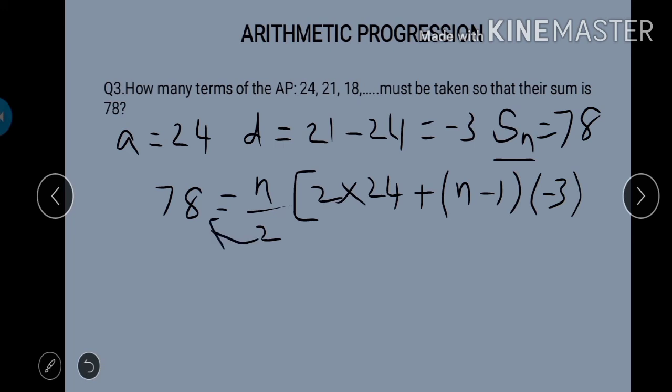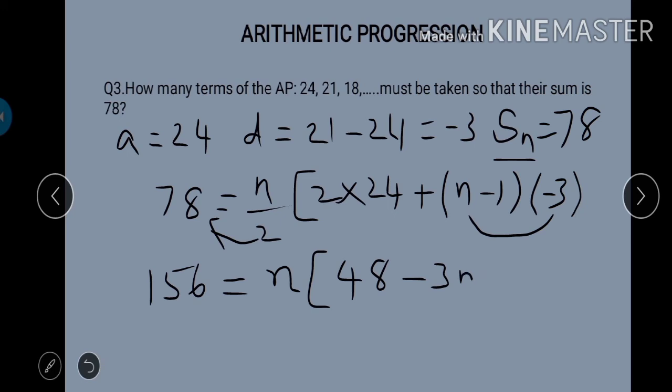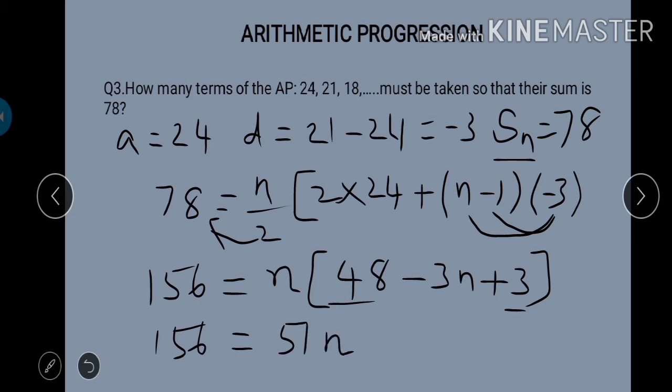So bringing this to this side, I'll have 156 is equal to n into 48 minus 3n plus 3. So I'll have 156 is equal to 48 plus 3, 51n, minus 3n square. So now I have a quadratic equation.